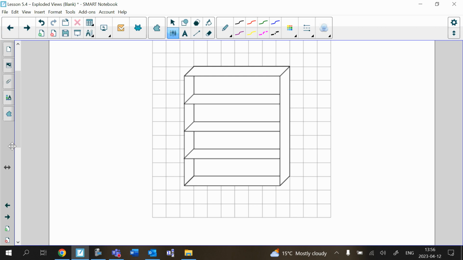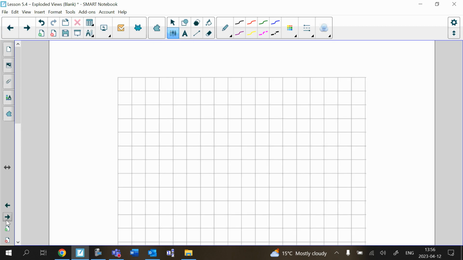How long is this? 7. And what's the diagonal length? It's less than 1 diagonal length. So 7 long, 3, 6, 7, less than 1 diagonal length. There's the top.